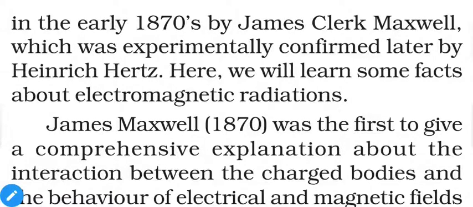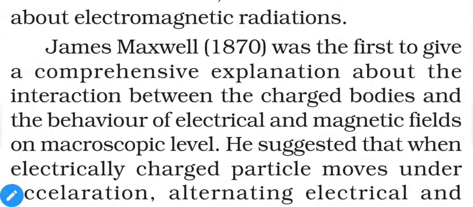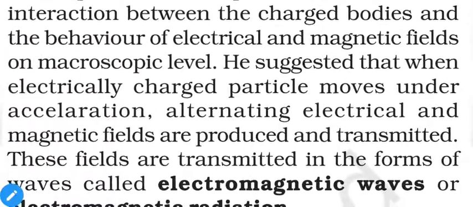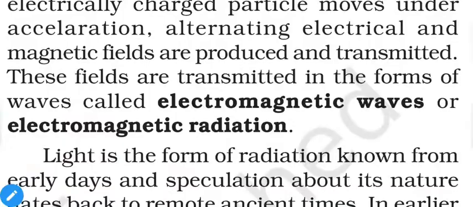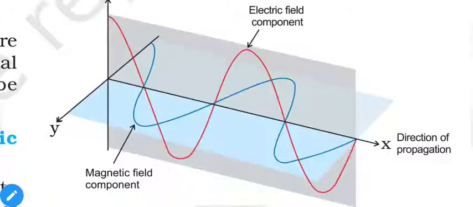James Maxwell was the first to give a comprehensive explanation of the interaction between charged bodies and the behavior of electromagnetic fields on a microscopic level. He suggested that when electrically charged particles move under acceleration, alternating electrical and magnetic fields are produced and transmitted. These fields are transmitted in the form of waves called electromagnetic waves or electromagnetic radiation, as we can see here.